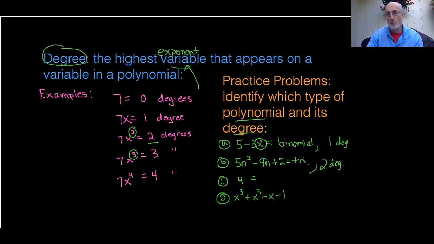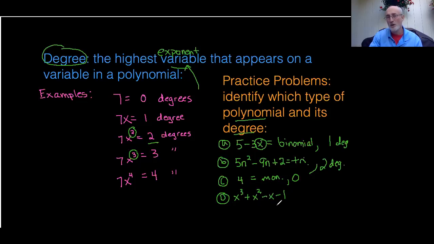What about the number 4? Is it a monomial? It's a monomial, okay? And what degree is it? Well, I'm looking up here at my example. It's just 0 degrees, okay? How about the expression in letter D here, x to the third plus x squared minus x minus 1.